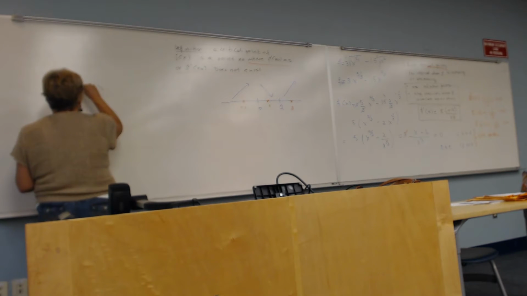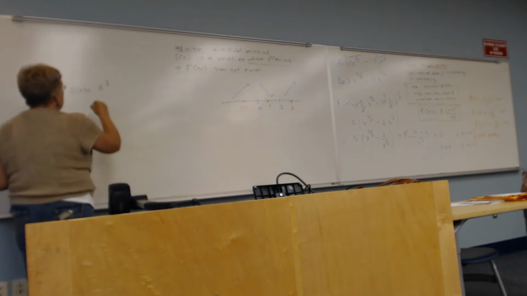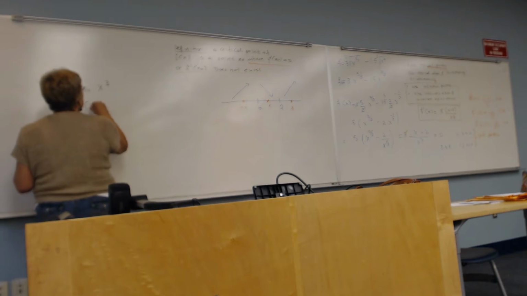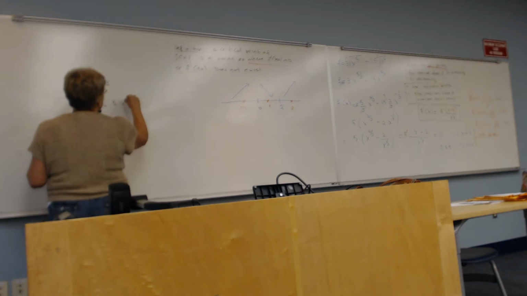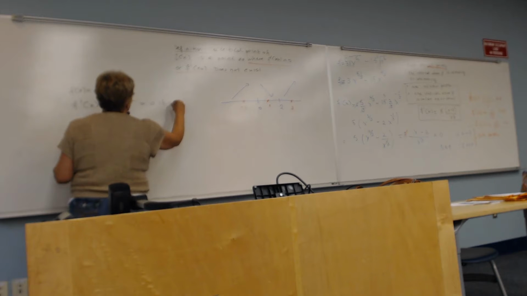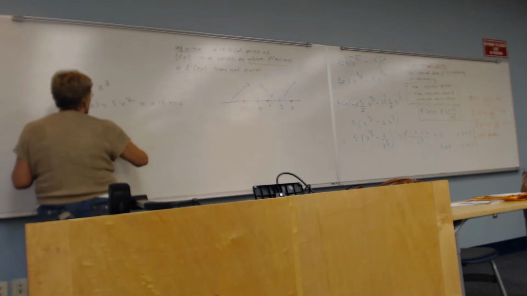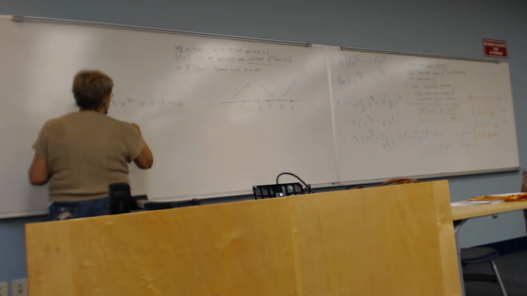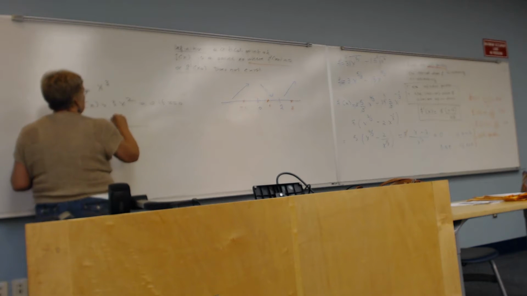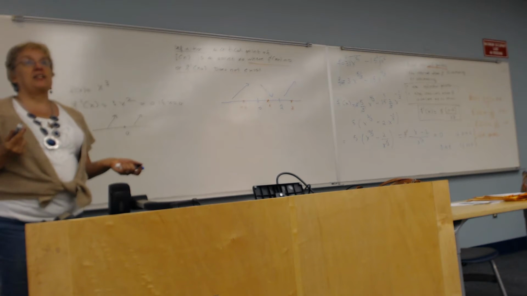Consider f of x equals x to the third. The derivative is 3x squared, which is equal to 0 if x is equal to 0. That is your critical point at 0, and when x is negative and when x is positive, the derivative goes up.